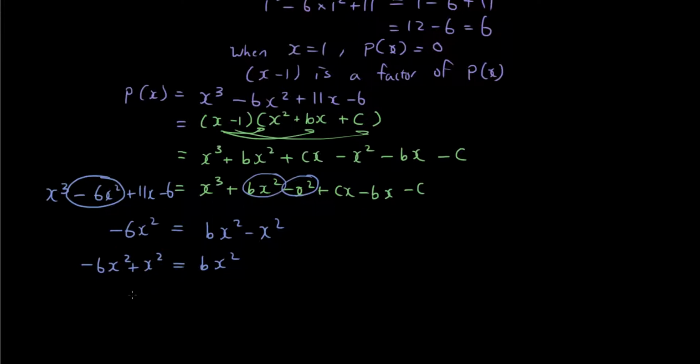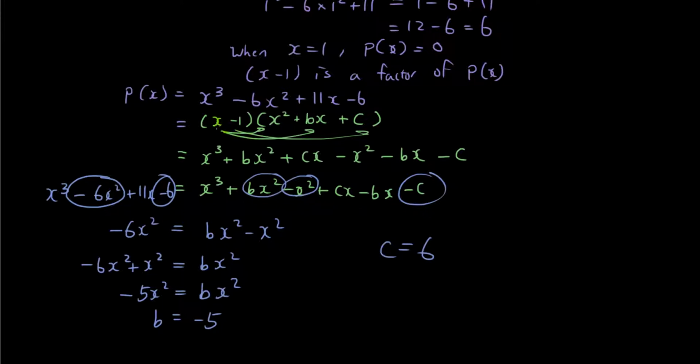So that's negative 5x squared equals bx squared. So b is equal to negative 5. And then in order to figure out what c is, you can see that c is the constant, and there's only one constant here, so c must equal 6.